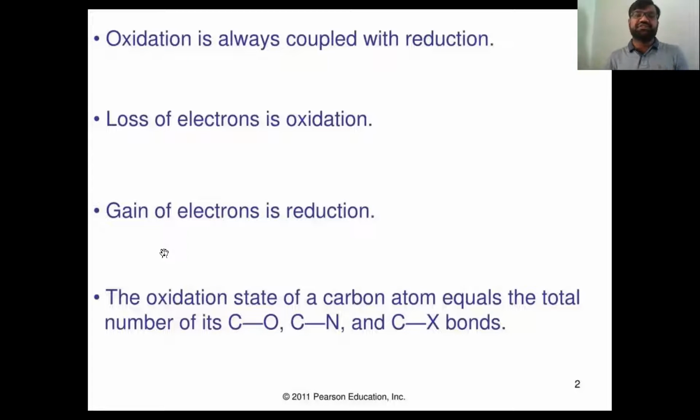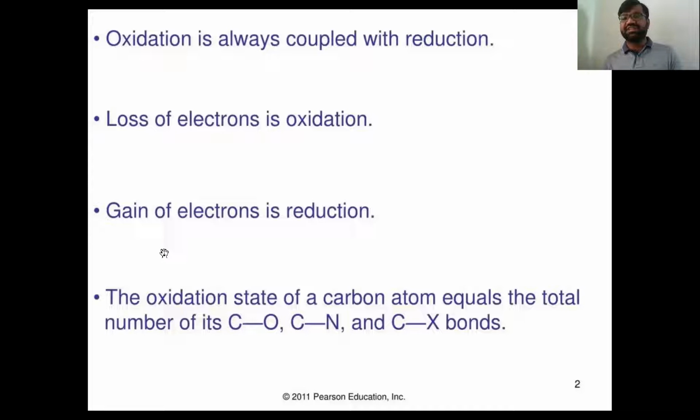The same definition can be given in terms of oxygen also. Addition of oxygen is called oxidation. Whenever there is a reaction with addition of oxygen, it is termed oxidation. And similarly, removal of oxygen is called reduction.